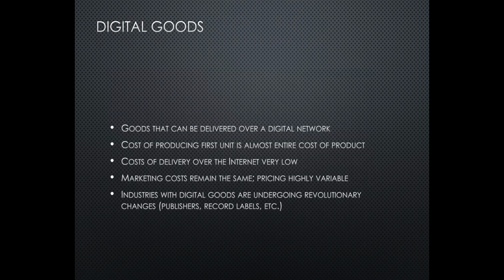The cost of producing the first unit is almost the entire cost of the product, because after that you can copy and paste once you have the first unit already, or you just put it in the server and let your customer share, view or stream those products on their computer.